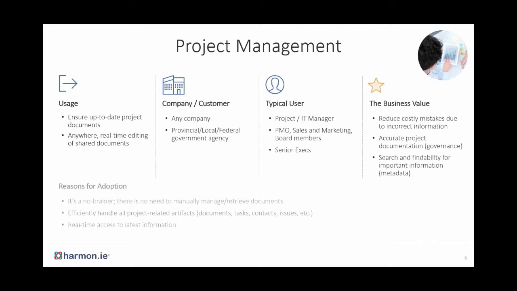We need to see them up to date. We want to be able to see the latest version, so we don't have two different people working on two different versions of the budget. We need also to be able to access this information regardless if we are at the office using our laptops, our desktop, or if we are mobile on the field.